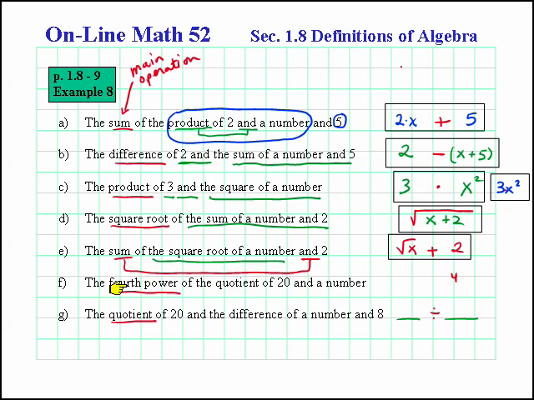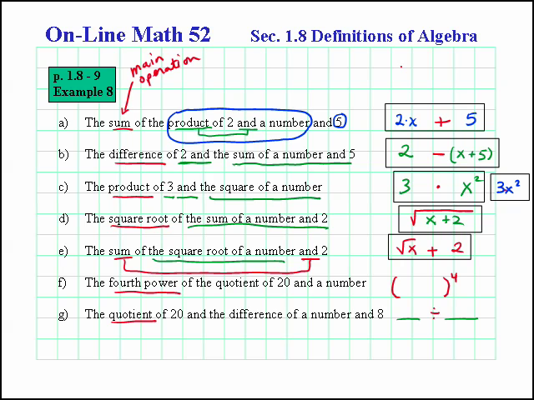And usually exponents have higher rank than quotient would, which is division. So the only way to make the exponent be the main operation and have a lower rank is if this quotient is in parentheses.